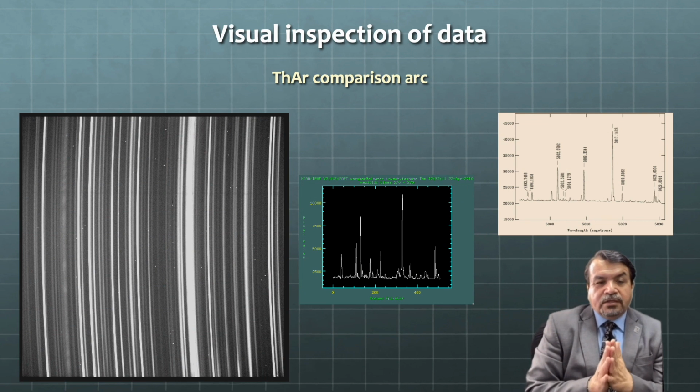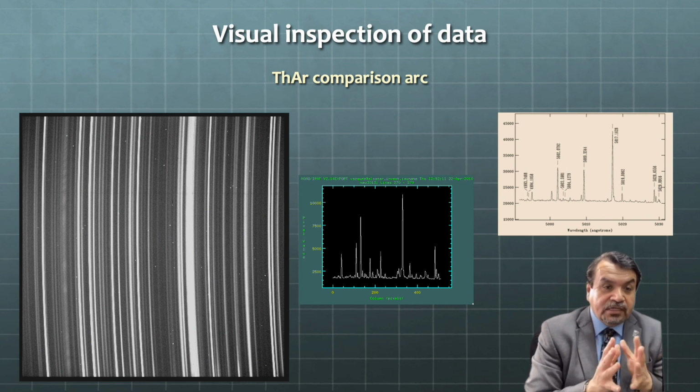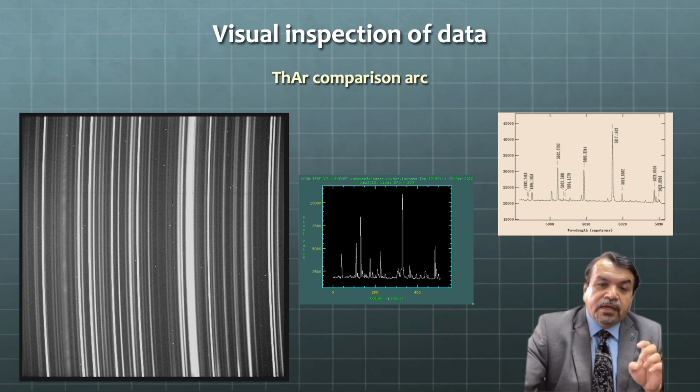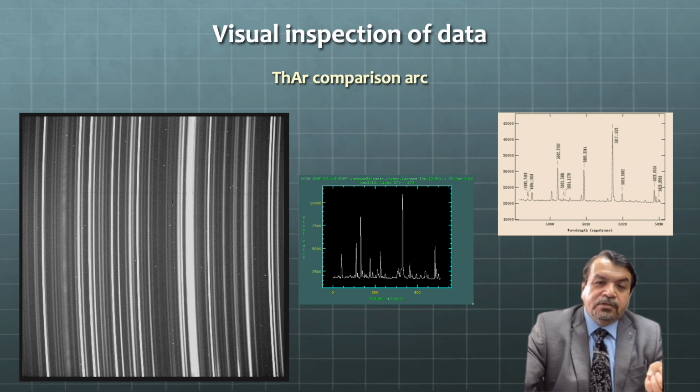Alright, how is the comparison arc? Remember, the comparison arc is a spectrum that we extract from the Thorium-Argon lamp. So, there we have a lot of lines. This is the case of oxygen, for example. And we have a table in the observatory, or some figures inside the observatory, that already identify which are the spectral lines.